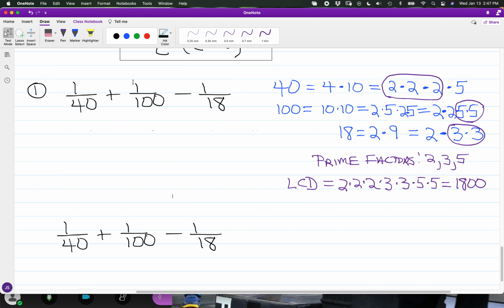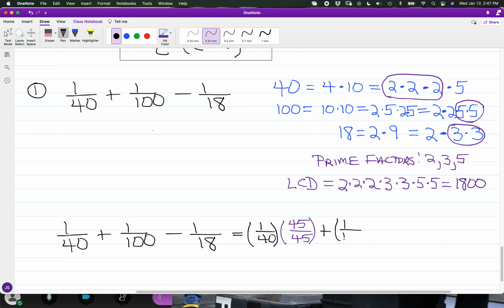And so, upon rewriting the fractions in terms of the least common denominator, for 1/40, now 40 goes into 1800 45 times. So the first ratio will be multiplied by 1 in the form of 45 over itself.